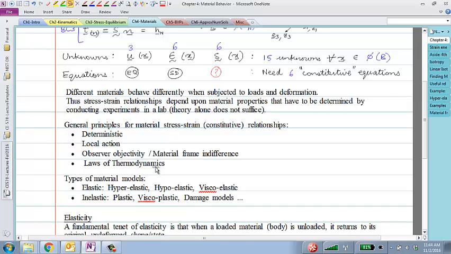For example, with plasticity, if you take a steel bar and bend it, the material goes through plastic deformation in that range, and then if you straighten it back up, it won't go back to its original state. So that's an irreversible process.